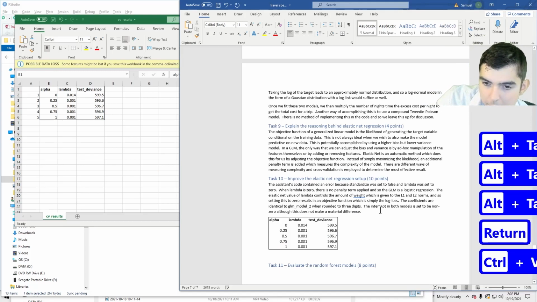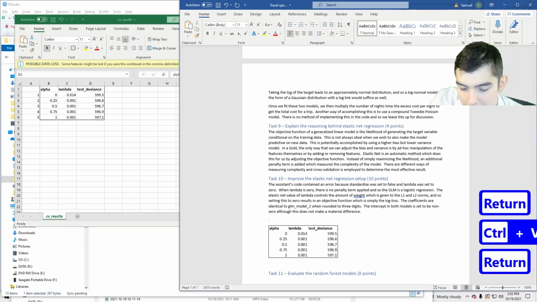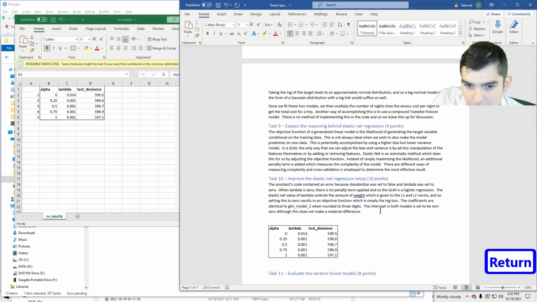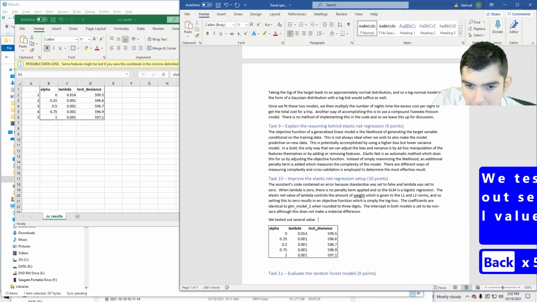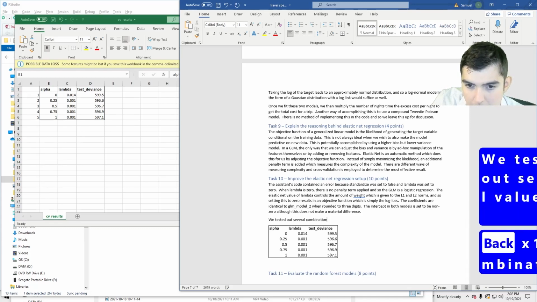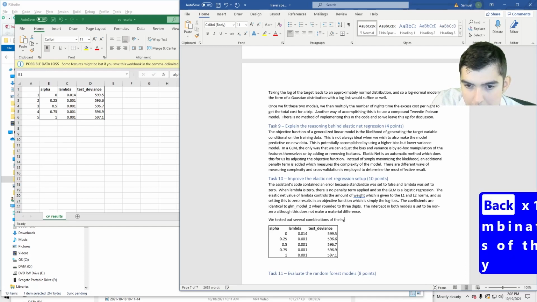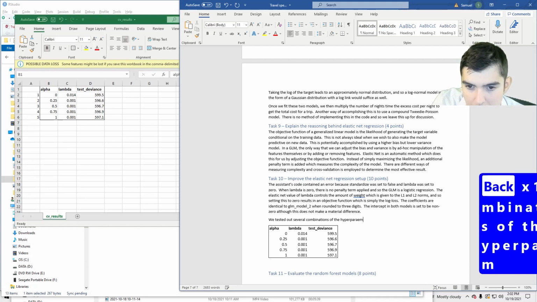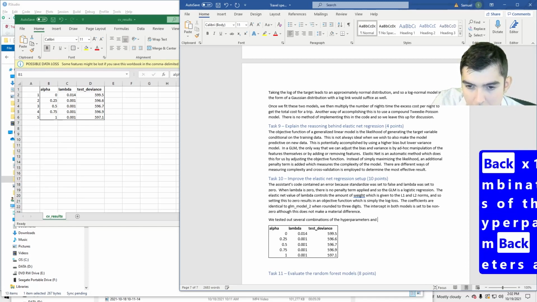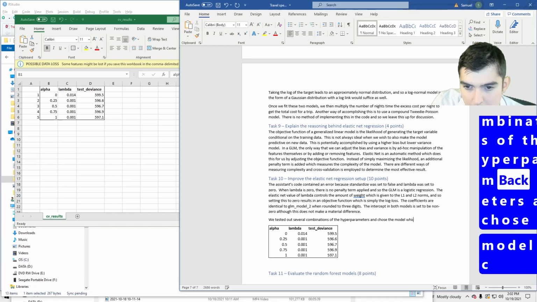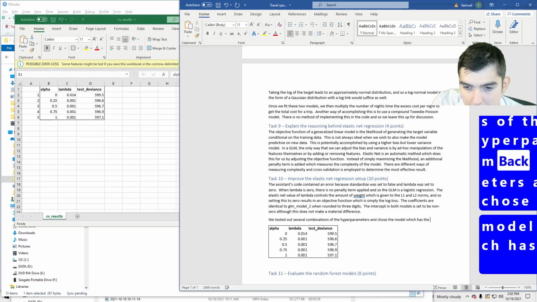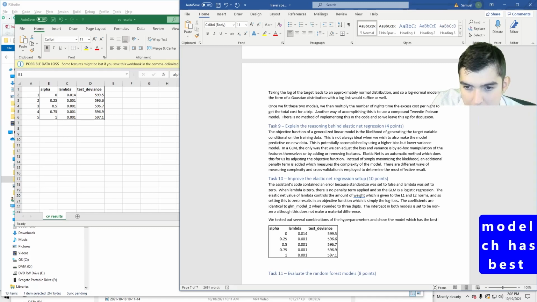And there we have it. So we tested out several combinations of the hyperparameters and chose the one which has the best metric.